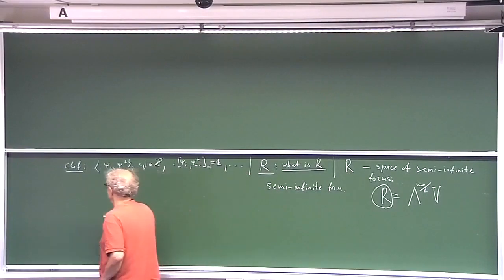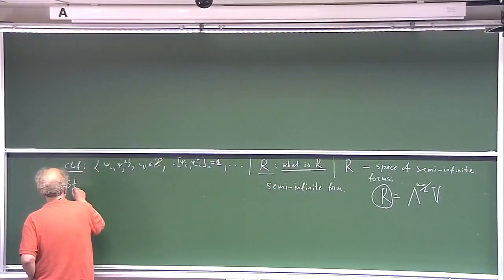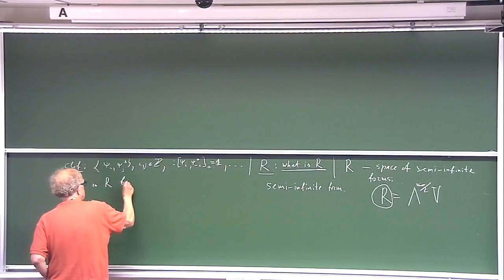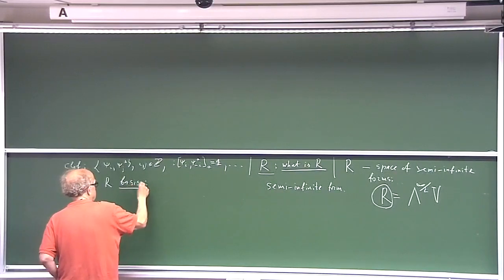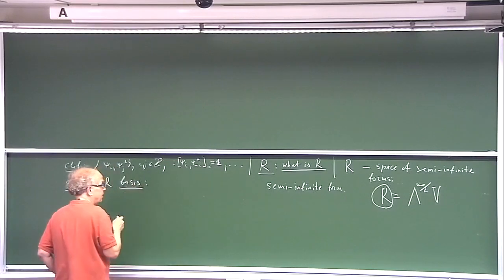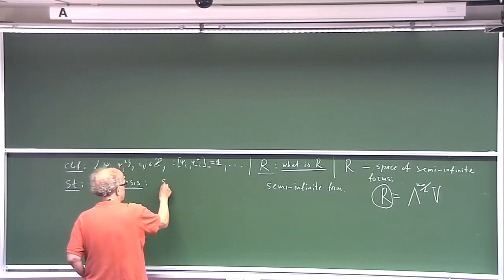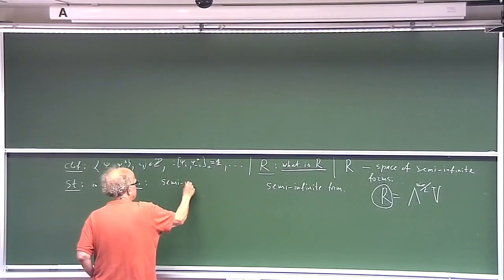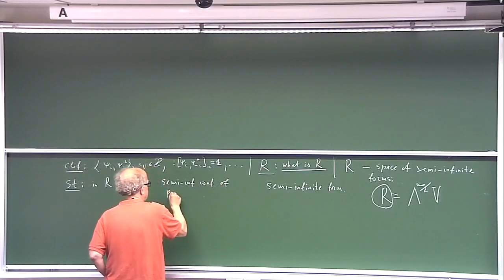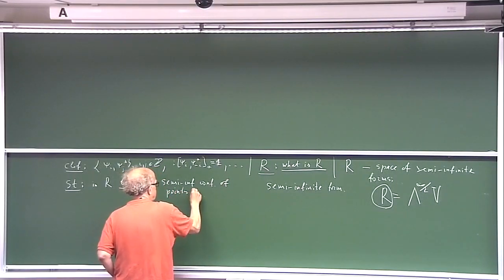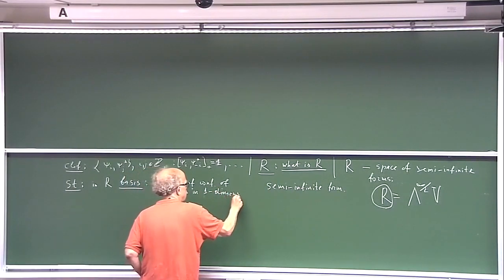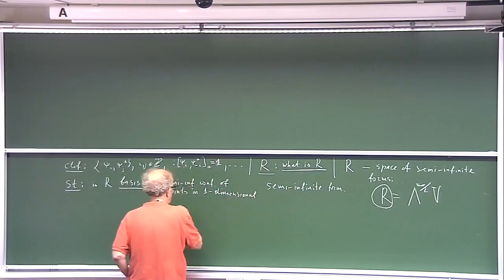So the statement is what? In R, we have a basis labeled by the following data. This data, let me call semi-infinite configurations of points in one-dimensional vectors.